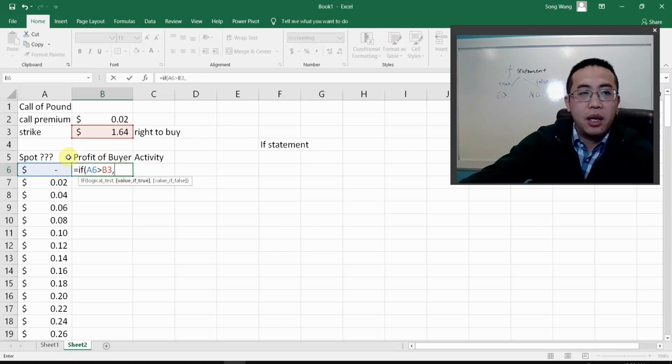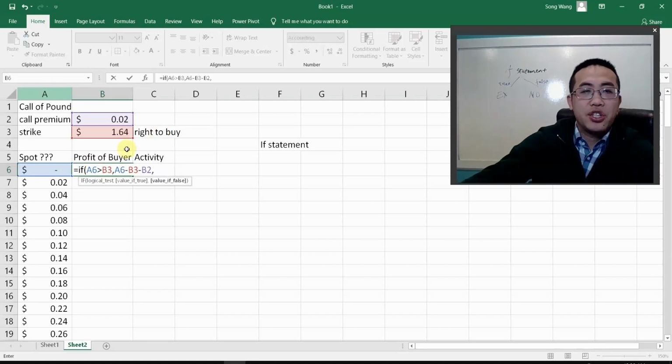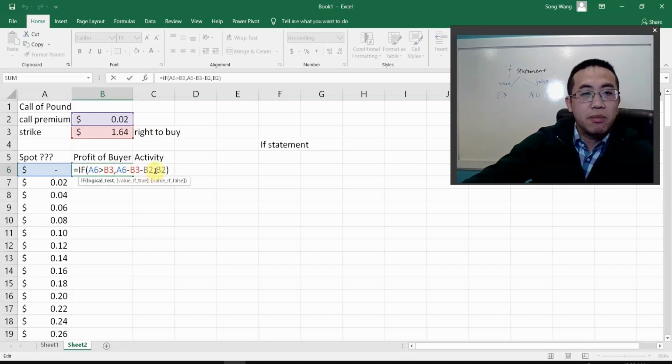The money I make will be the spot minus strike, then minus the premium. Otherwise, I do not exercise the option. Then I just pay the premium and realize the loss that is only equal to the premium, and then walk home. So this is how the game is played.